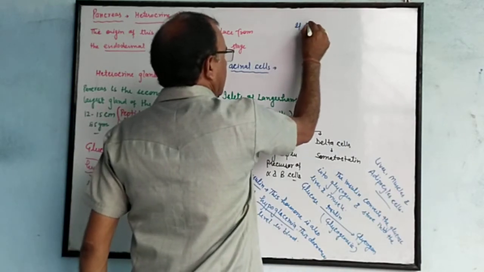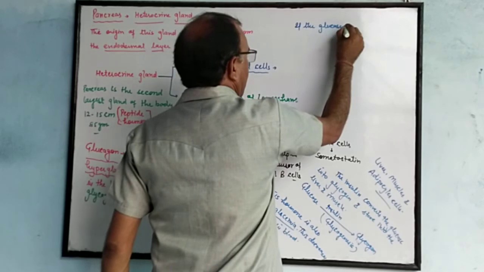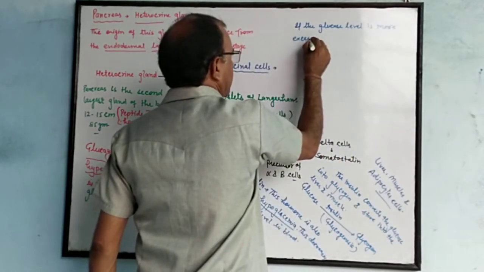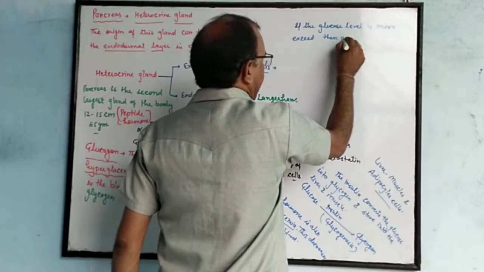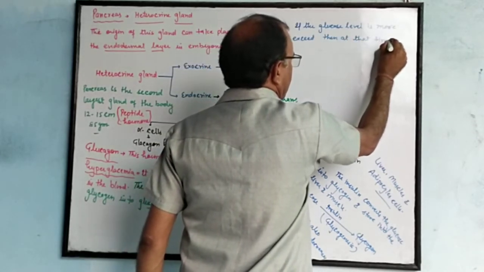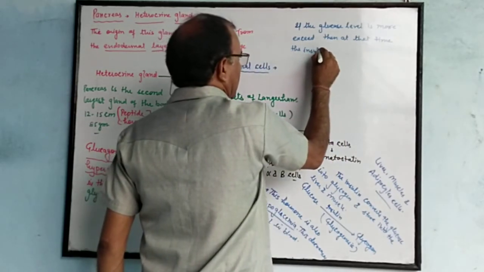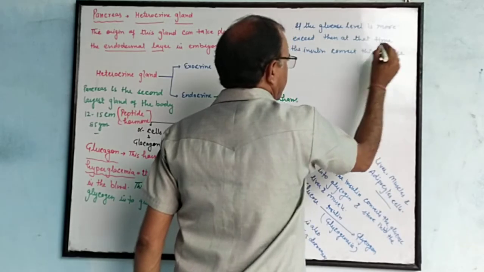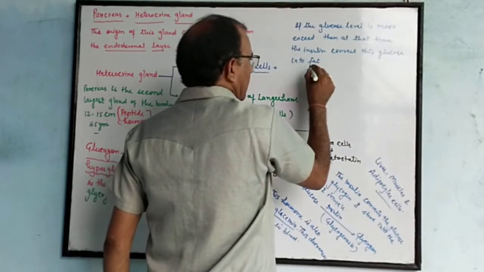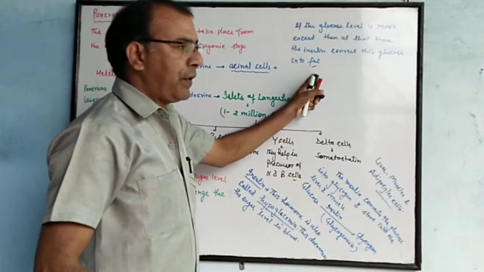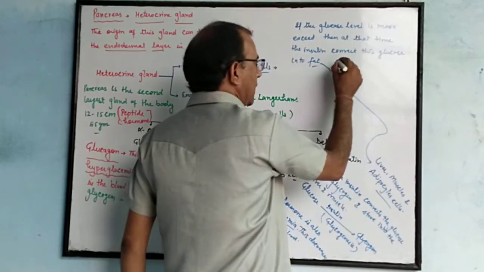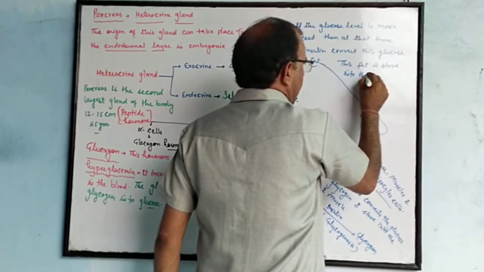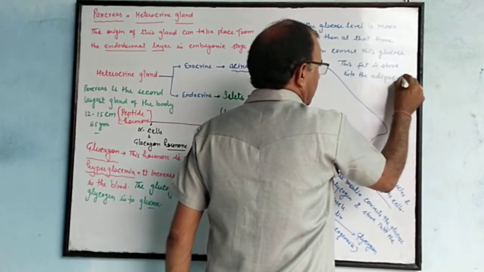If the glucose level increases, then the insulin converts this excess glucose into fat, and this fat is stored into the adipocyte cells.